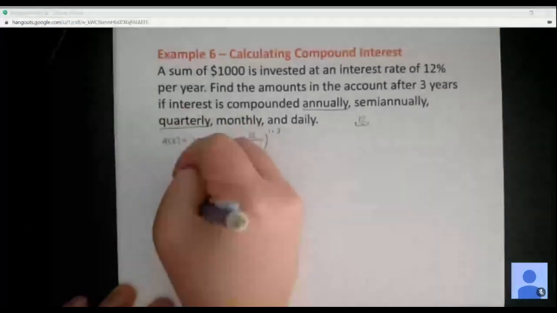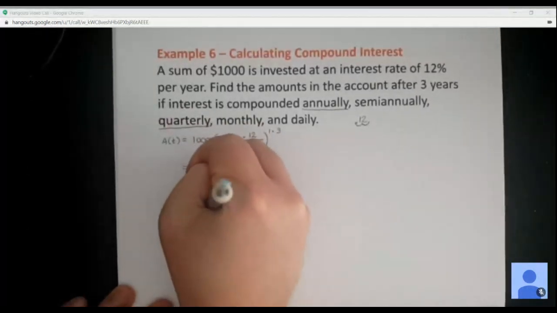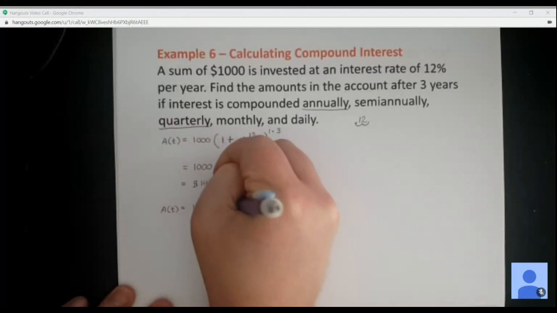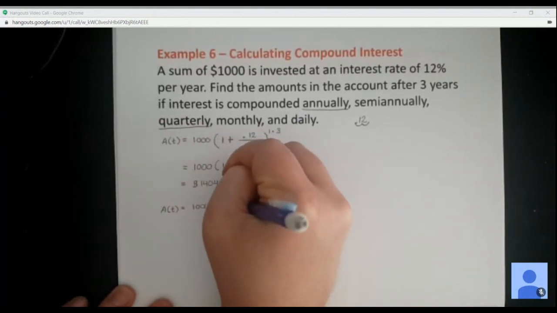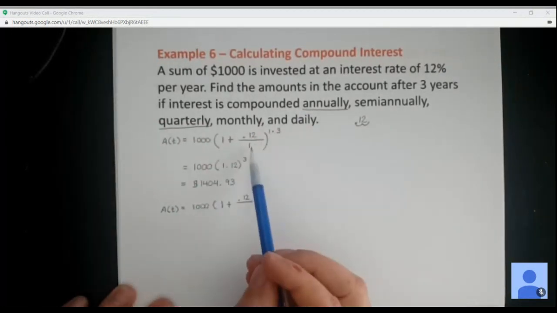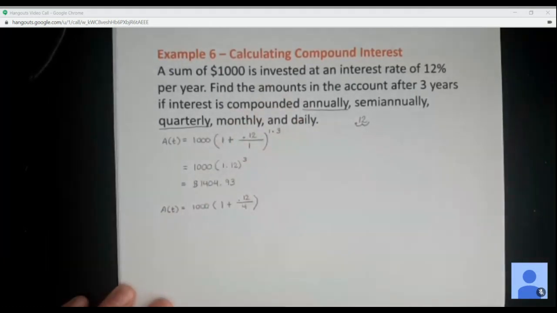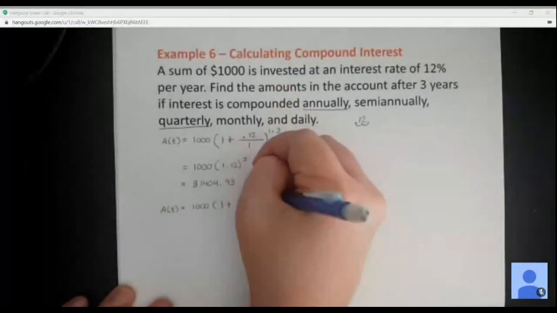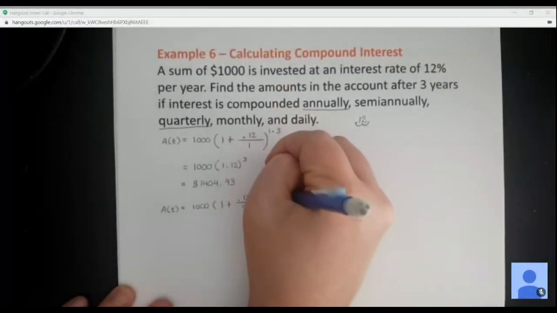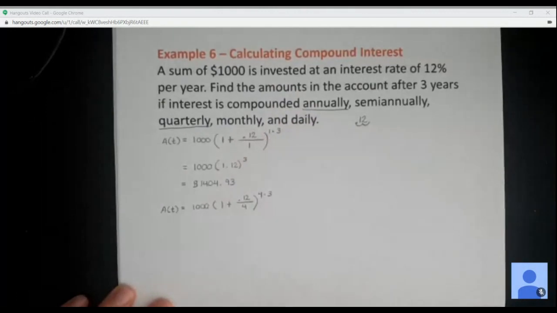4, right? So I'm going to come in here and I'm going to say, well, still 1,000 times 1 plus 0.12 divided by, and now instead of a 1, we want to use 4 for the N value because we're compounding quarterly. And then in the exponent, same thing. We need that same N value, 4 again, but then our time is still 3.